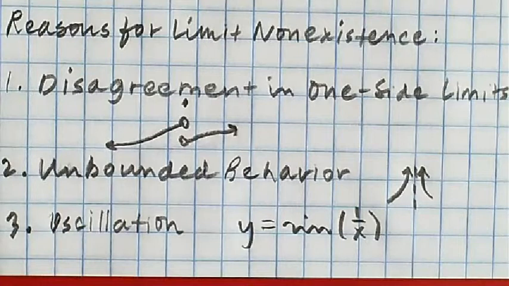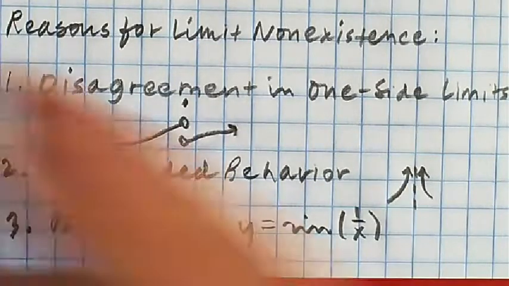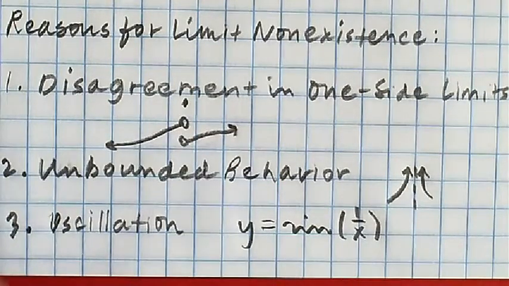So sine of 1 over x. I am only going to show you the right side of it, or maybe I'll show you the negative side so you can see it get traced out. No, I think it'll trace out the right side first.